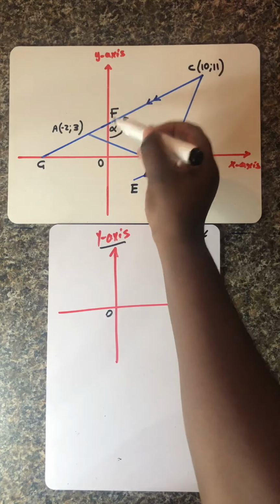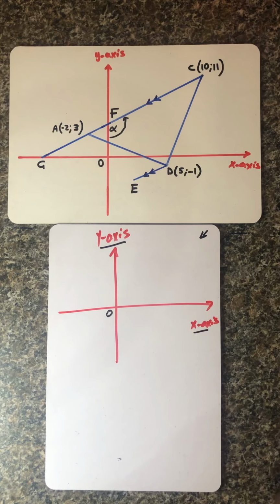Obviously, as you can see there, we've got alpha, and again we might need to calculate some midpoints and lengths. The only things you need for this lesson are something to write, a calculator, and most importantly a glass of water.